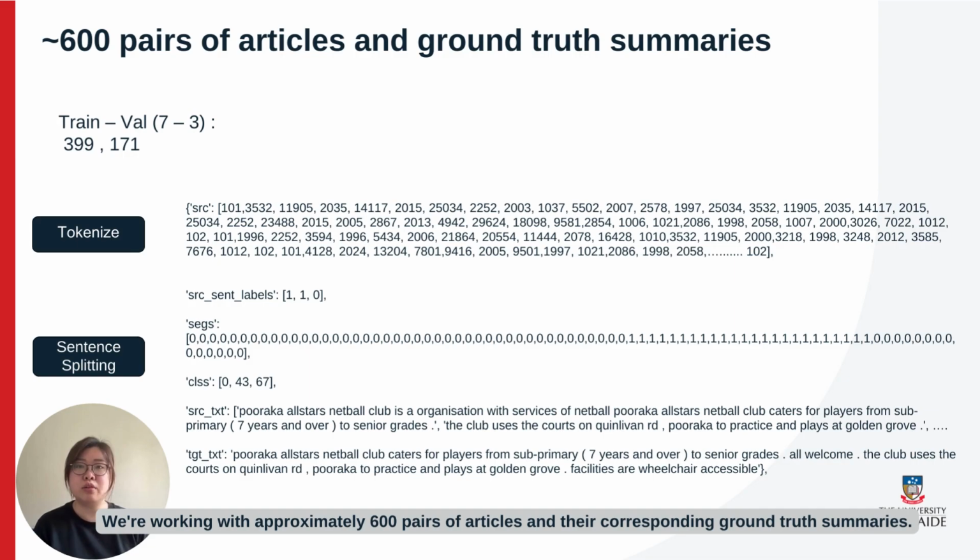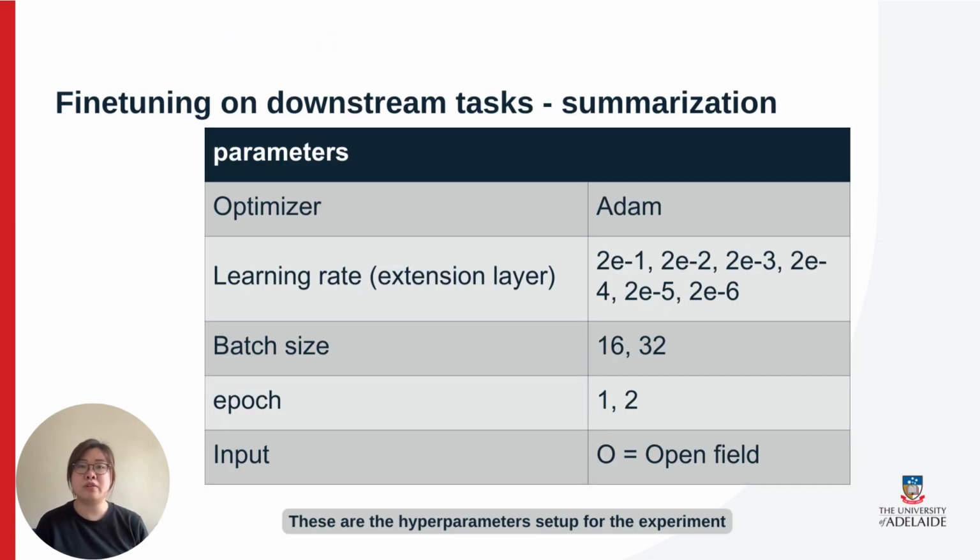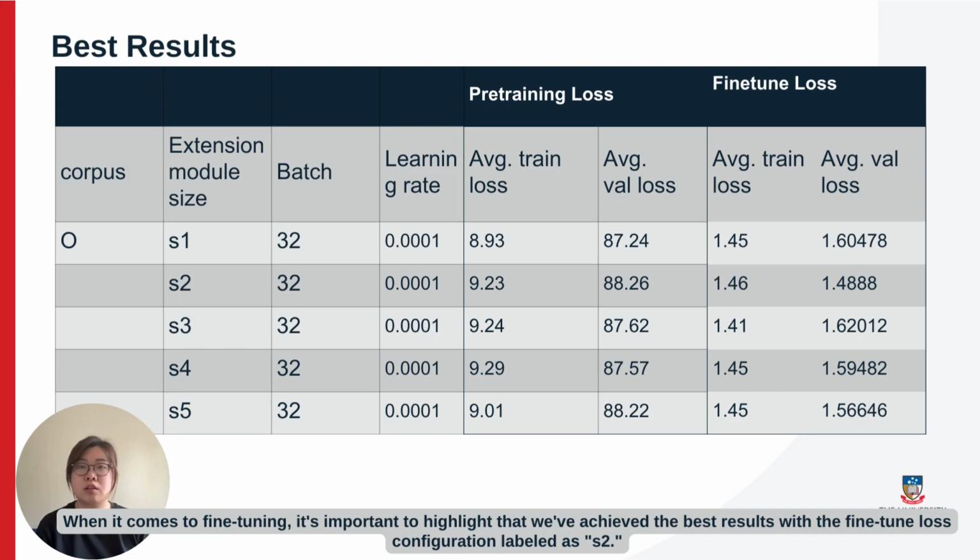We're working with approximately 600 pairs of articles and their corresponding ground truth summaries. To prepare this data, our initial steps include tokenization and sentence splitting. Here are the hyperparameters set up for the experiment. When it comes to fine-tuning, it's important to highlight that we have achieved the best result with the fine-tuning loss configuration labeled as S2.